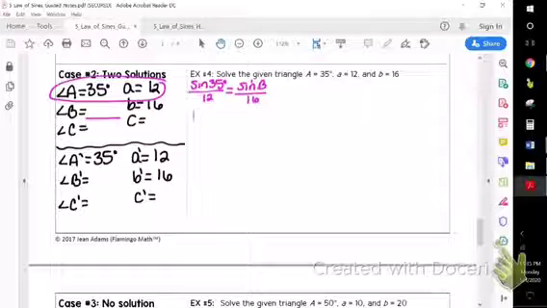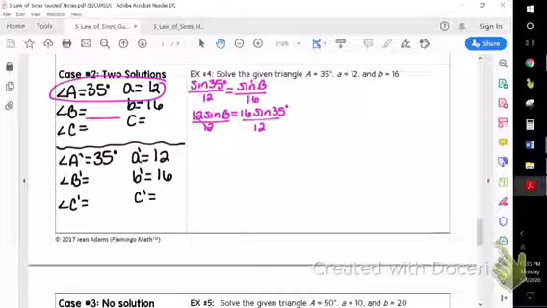So we're going to cross multiply and divide. So 12 times sine of angle B equals 16 times sine of 35 degrees. Now we want to solve for B, but sine's connected to it, so we're just going to divide by the 12. And so sine of angle B equals 16 times sine of 35 degrees over 12.